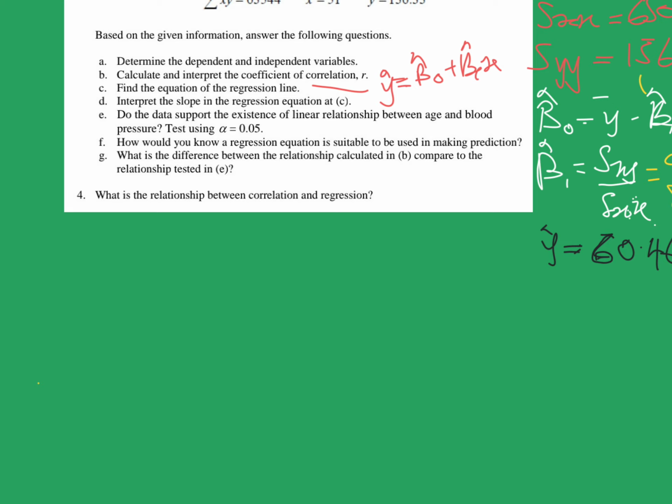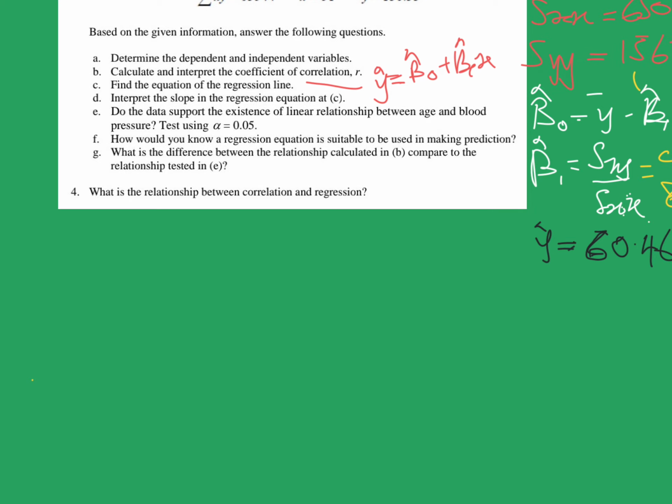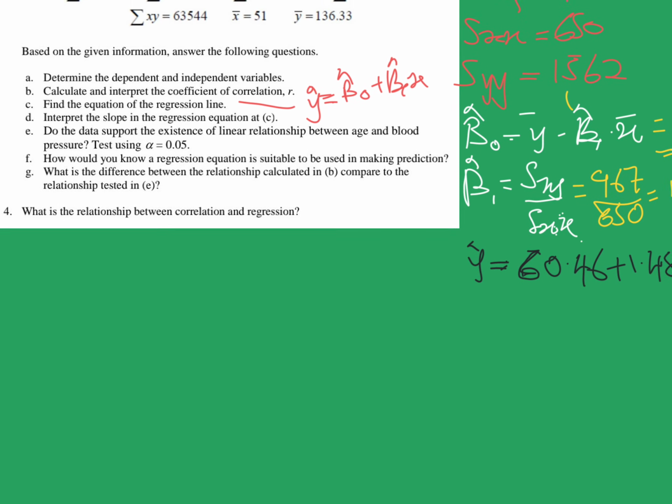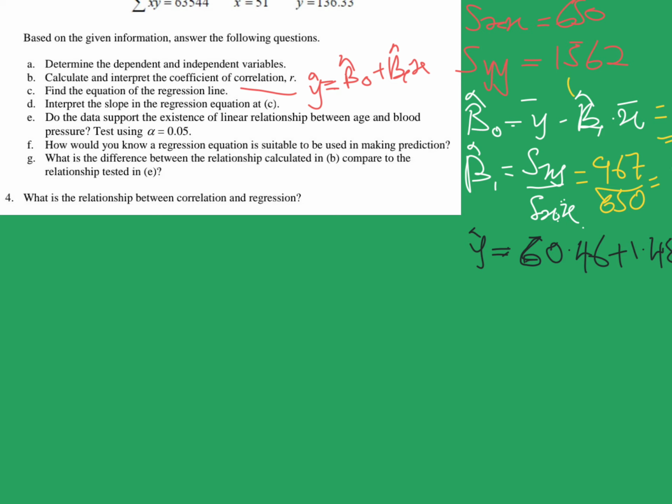Okay, so what else? Question: do the data support existence of a linear relationship between age and blood pressure? Test using alpha 0.05. Whenever they want us to test, it means that you need to conduct hypothesis testing. And for hypothesis testing, in our syllabus we have 5 steps.